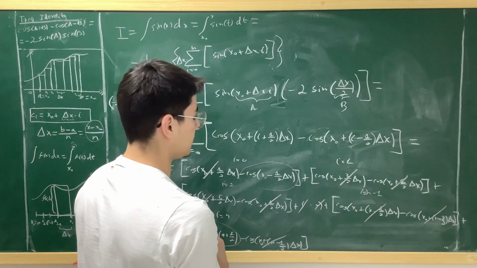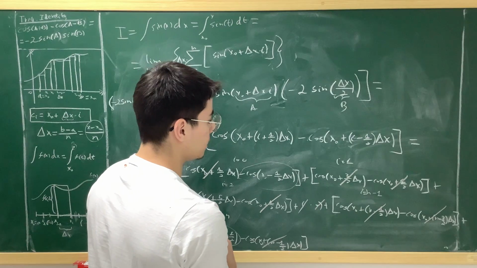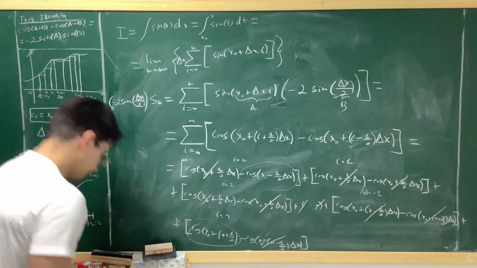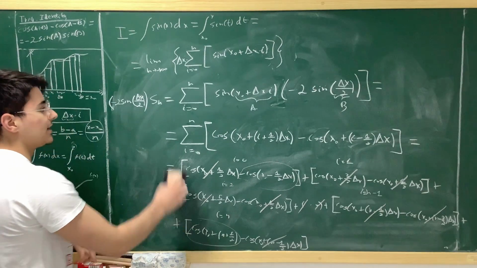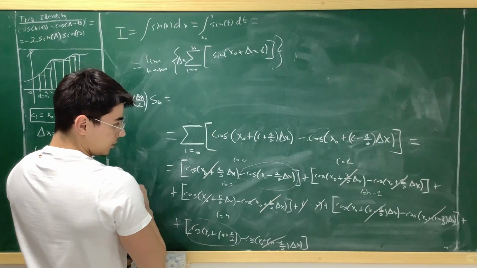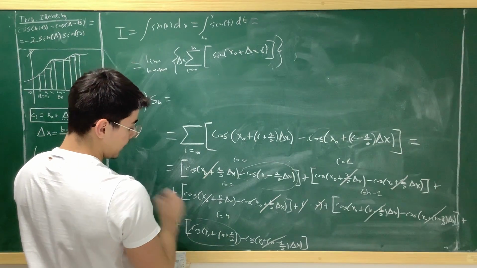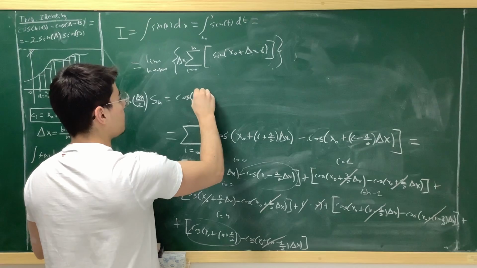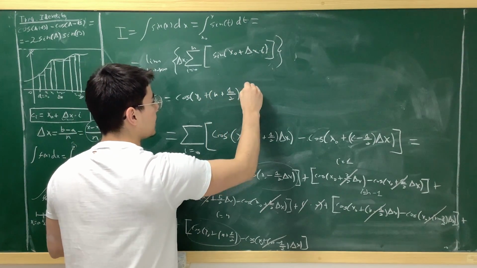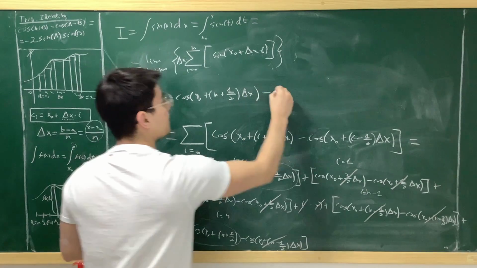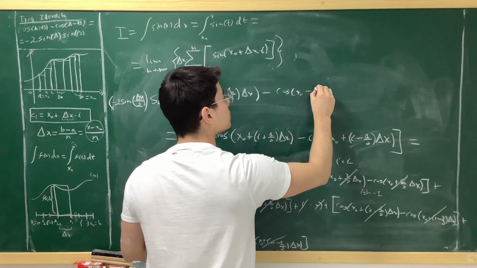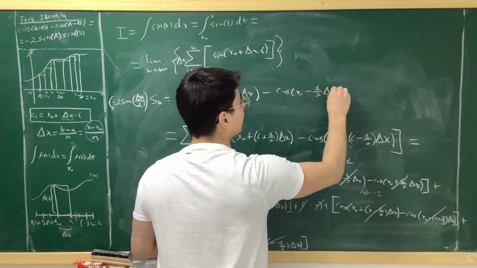Yes, yes. Yeah, sorry, I made a mistake there. It's just minus 3 halves. So, I'm going to erase this and just express it here. So, you have the cosine of x naught plus n plus 1 half delta x minus the cosine of x naught minus 1 half delta x.